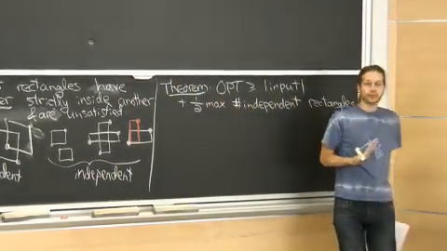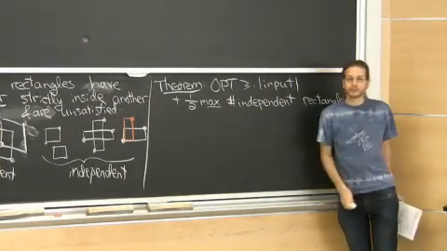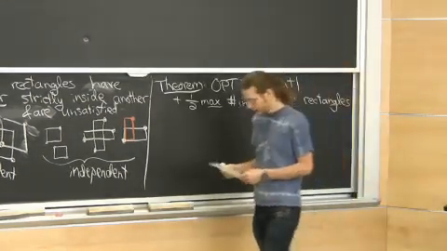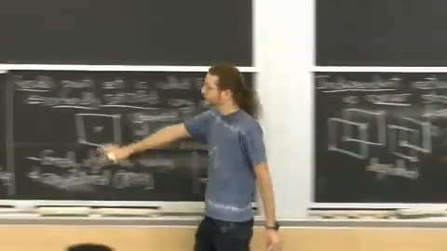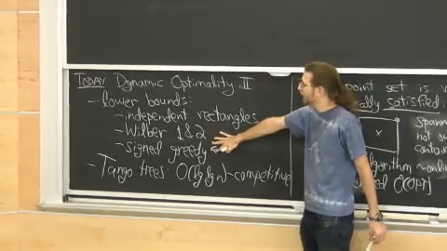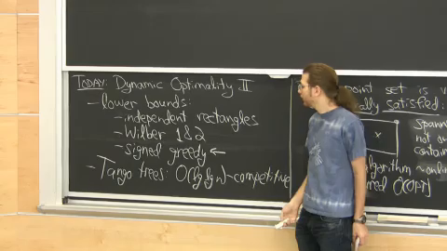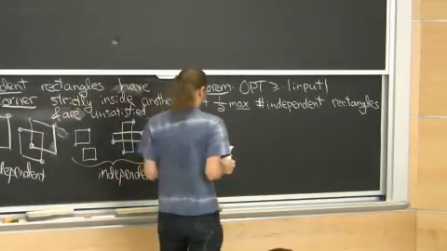Any choice of independent rectangles will be a lower bound, but you get the best lower bound by choosing the max. Okay, so we're going to prove this theorem, and then we're going to see 3 different ways to choose those independent rectangles, and we'll use them for various things. Wilber 1, Wilber 2, and signed greedy are going to be the 3 choices for independent rectangles.